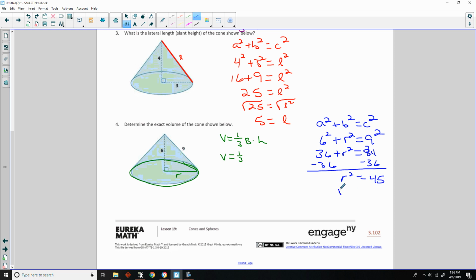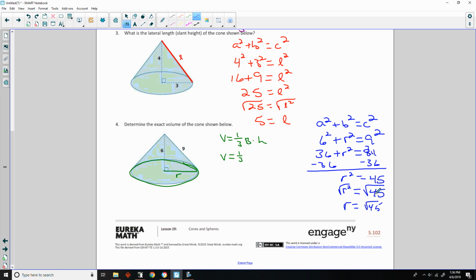Therefore, when I take the square root of r squared and the square root of 45, r equals the square root of 45.